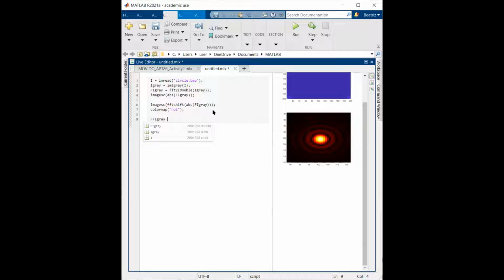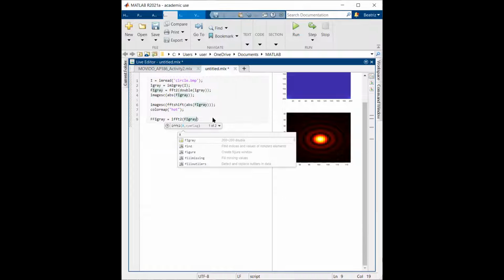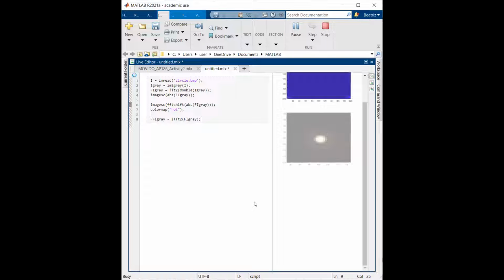Parang Fourier transform ulit. So equals ifft2, which means inverse Fourier transform 2. Do you see that? It comes out as a suggestion. Do you see that? There. And then the argument would be FFT gray. Okay. All right. Sige. Go ahead and run that.